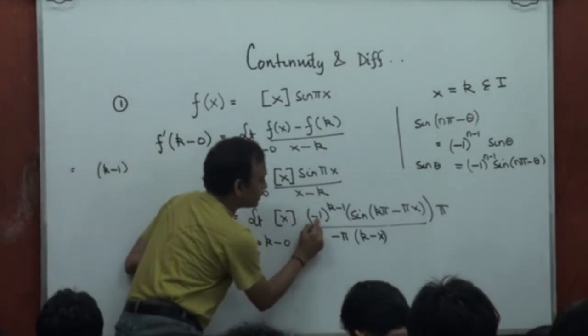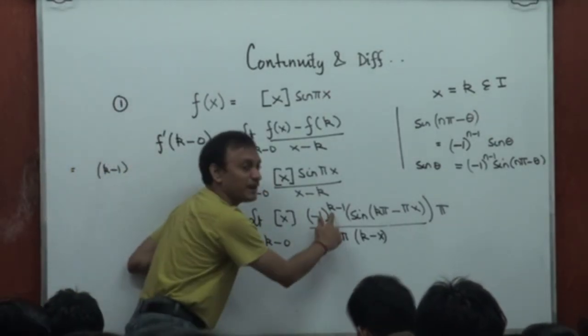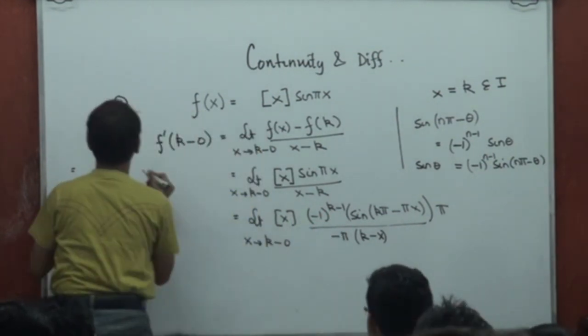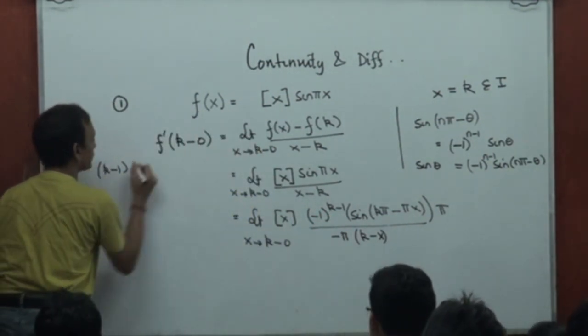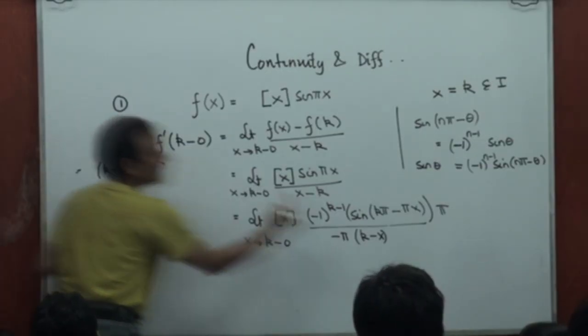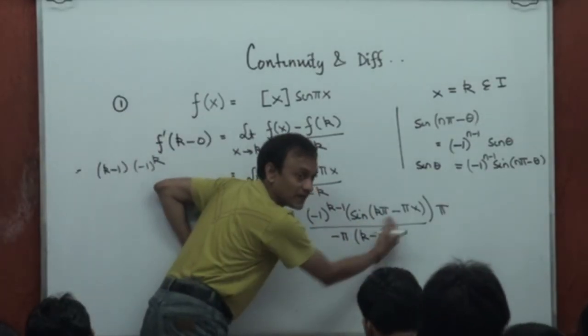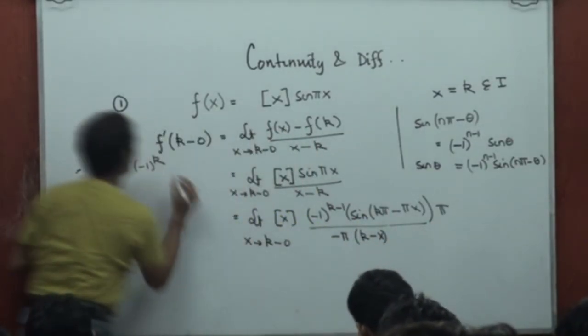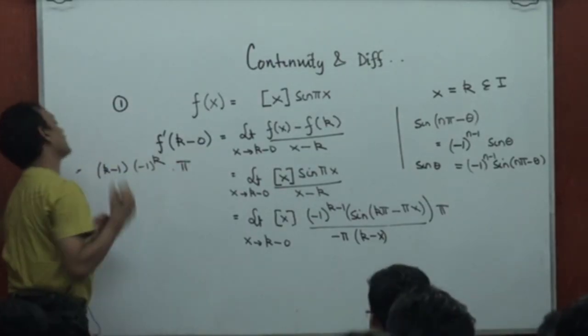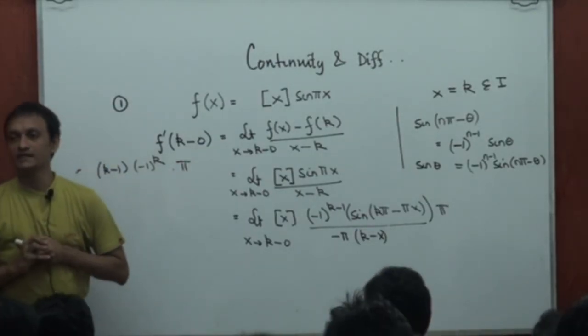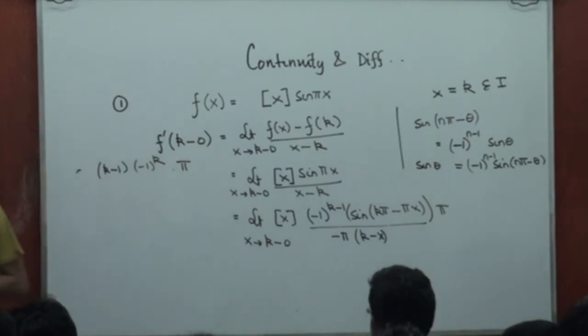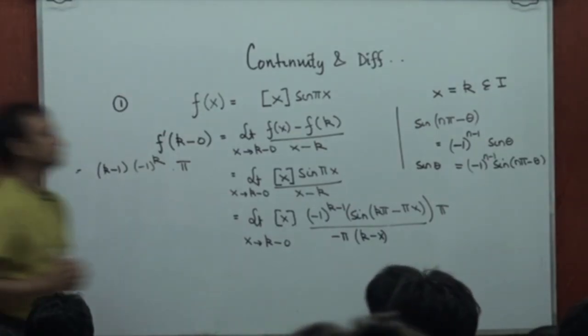The minus 1 and this minus 1 will simply become minus 1 to power k. And then this will be 1, sine theta by theta, and this will simply be pi. That's the left hand derivative at x equal to k. Is that all right?